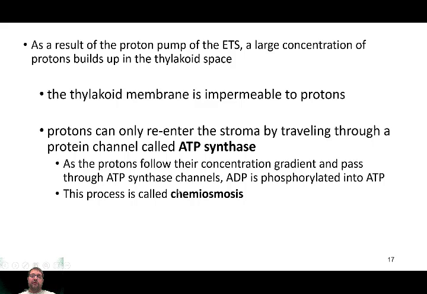In this case, you're forming chemical bonds by utilizing the movement of material across the membrane. The only way that material can get across that membrane is through a protein channel. That protein channel is called ATP synthase. Through mutations, in this case in plant tissues, eventually this process evolved, and now we have a process that utilizes proton gradients to drive work.